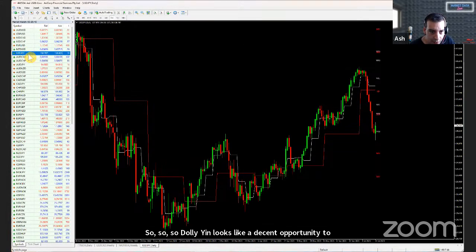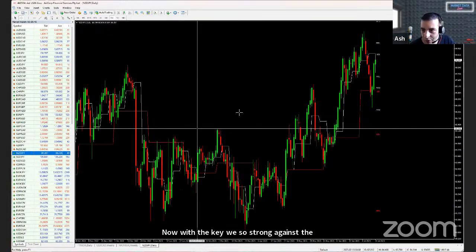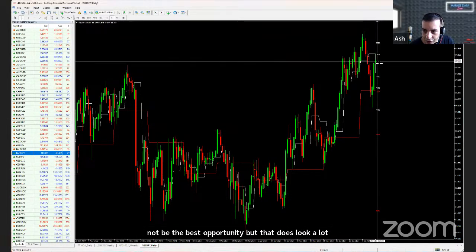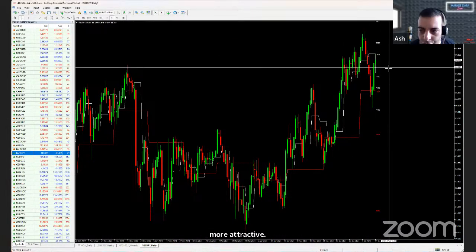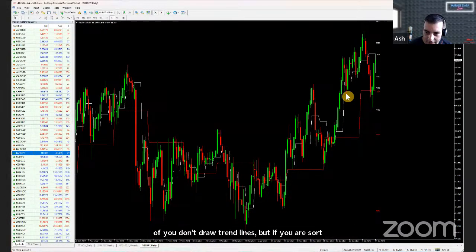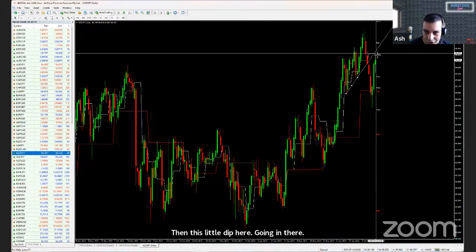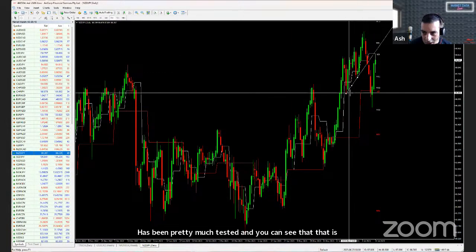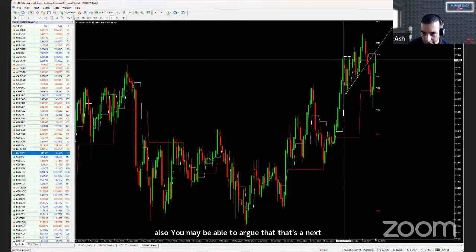And the Kiwi yen as well is another one. Now, with the Kiwi so strong against the dollar, it may not be the best opportunity, but that does look a lot more attractive. Look at that. That's a really attractive zone. Now, many of you don't draw trend lines, but if you are people that draw trend lines, then this little dip here has been pretty much tested, and you may be able to argue that that's the neckline of a head and shoulders pattern.